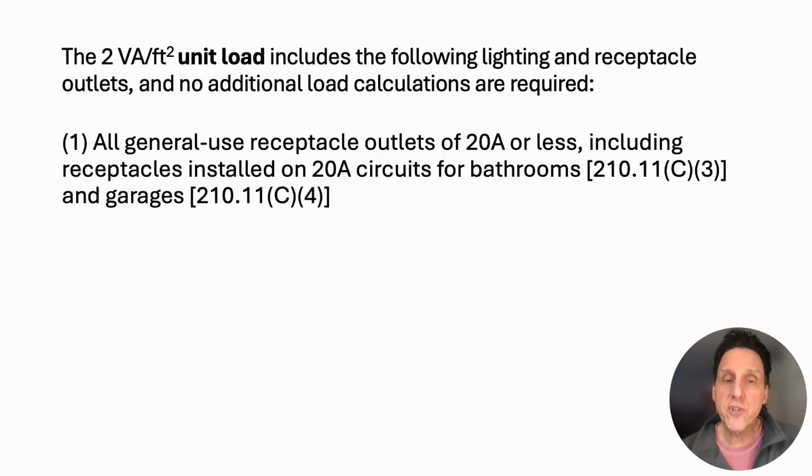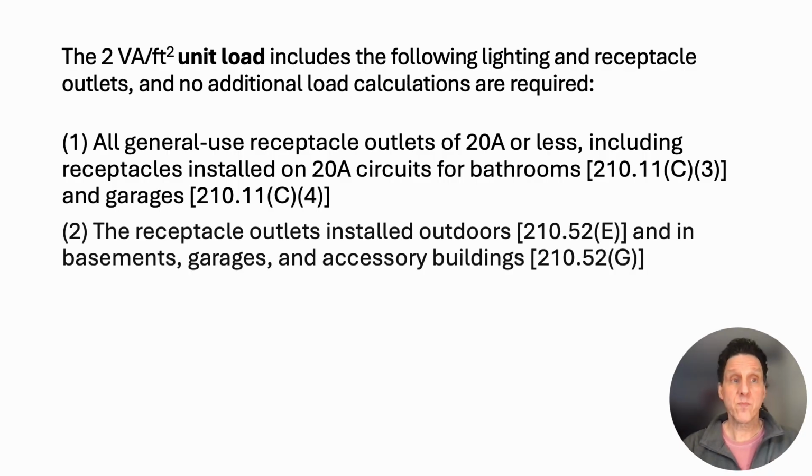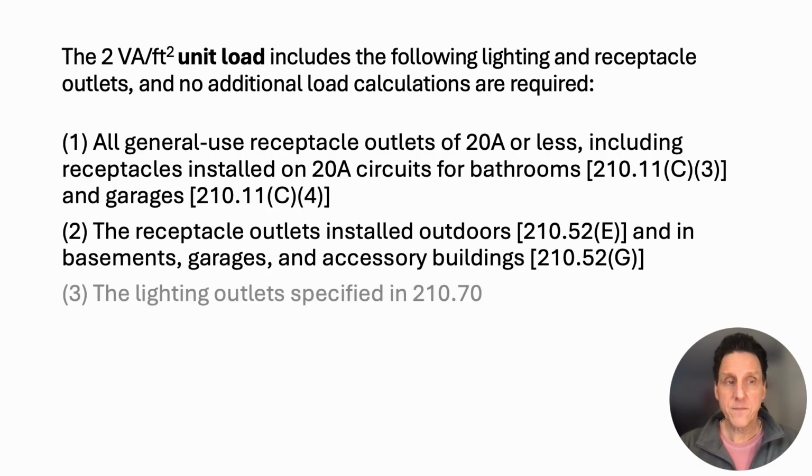It includes all general use receptacle outlets, 20 amps or less, including receptacles installed on the 20 amp circuits required for bathrooms and garages. It also includes receptacle outlets installed outdoors and in basements, garages, and accessory buildings. And all the required lighting outlets specified in 210.70, all of these items are included in this 2 volt-amps per square foot calculation.